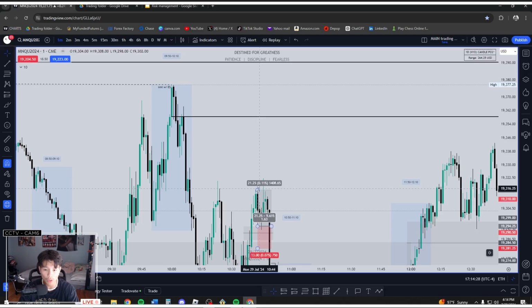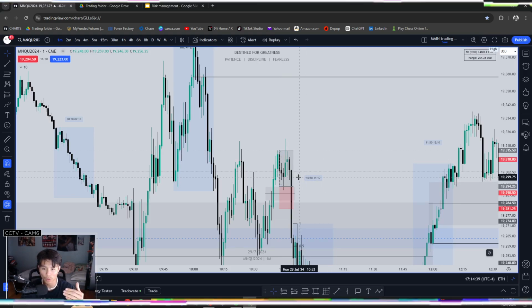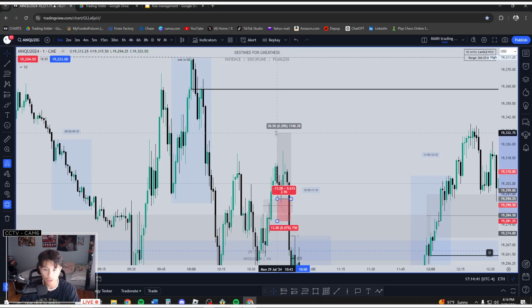So even though I know we have room to go all the way up here, I'm going to take my partials at that 1.5, and it allows for a more realistic risk to reward. I'm only taking 1 to 2 risk to reward.